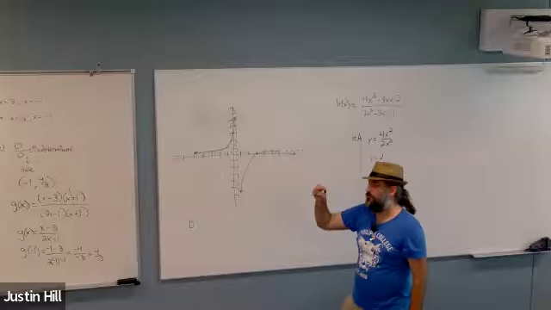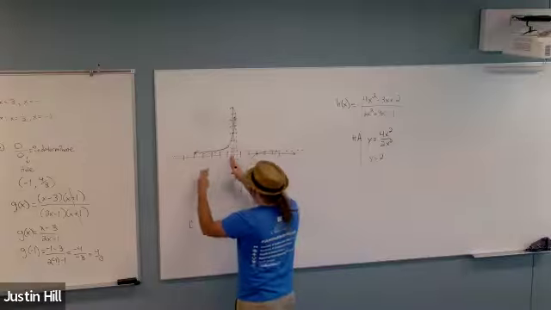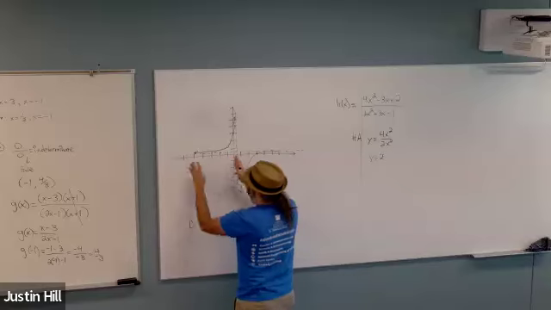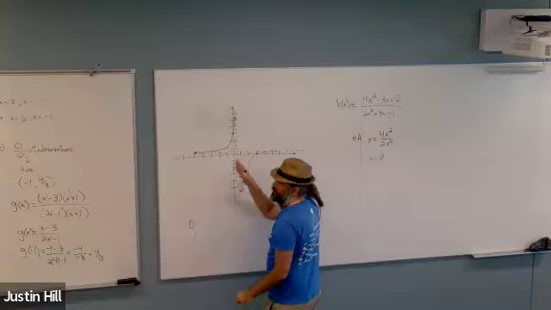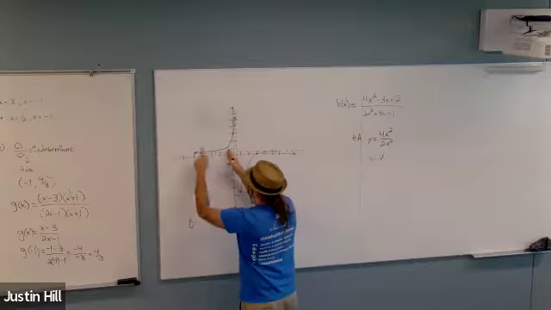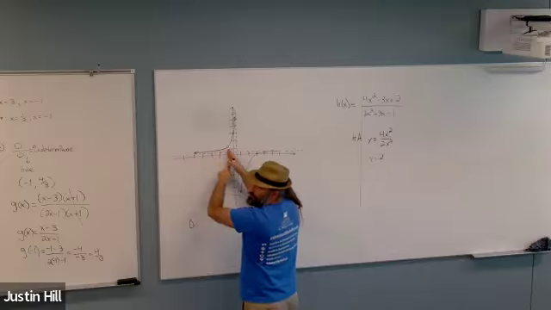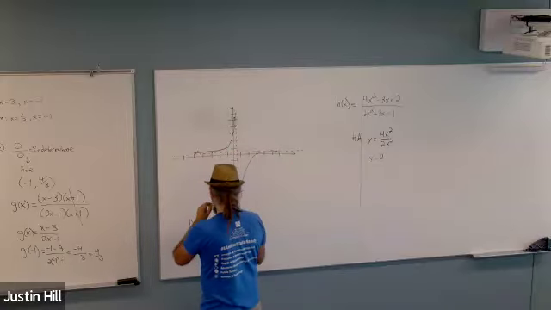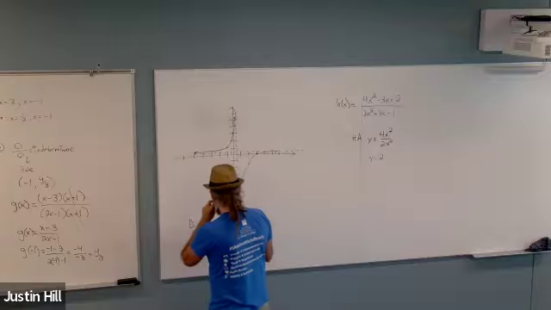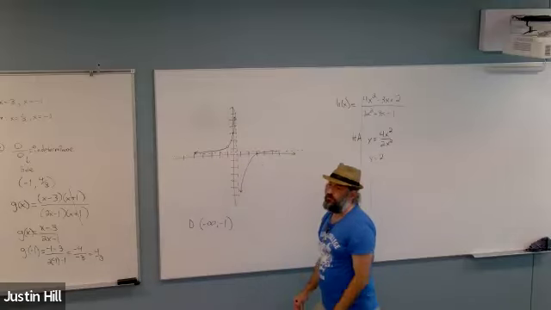So let's look at the left piece. What's my domain of everything up to this open circle? Negative infinity to -1. And it never reaches -1, so we'll put a parenthesis there.